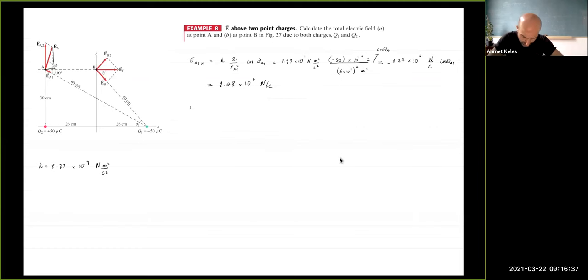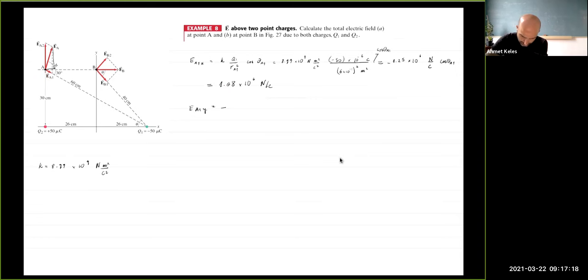Now I need to do the same thing for E_A1Y. Okay. The signs: this field, we know it's going to be towards the charge. Let's call this direction positive X, and let's call this negative Y. So this is going to be positive Y, as it should be. Then I just didn't write any sign here. So for the Y component, it's going to be negative, I know, because it's going to be down, and that's what I call negative.